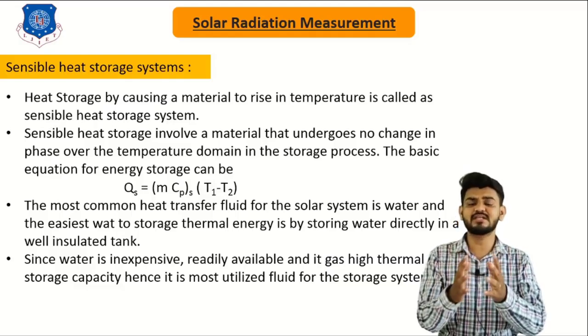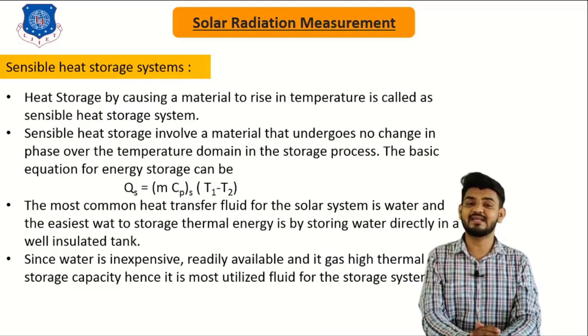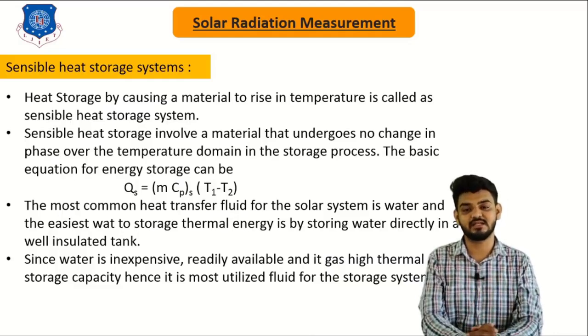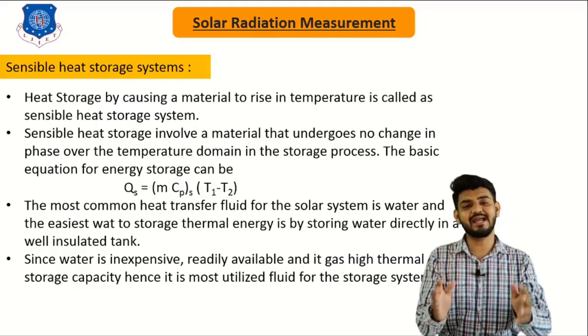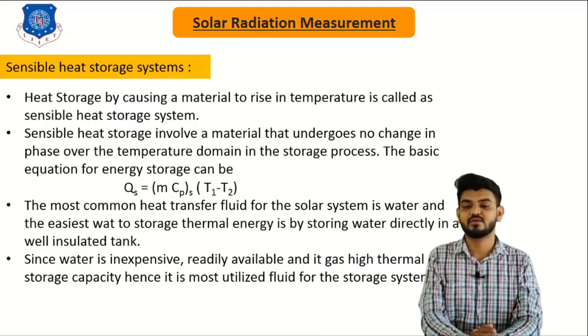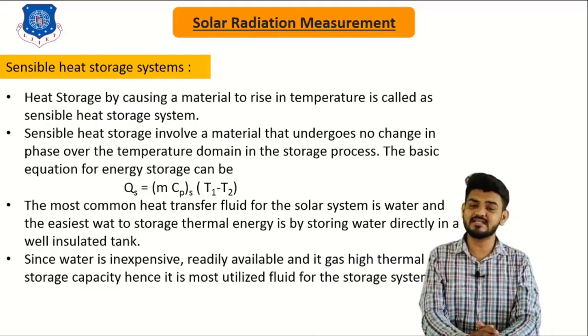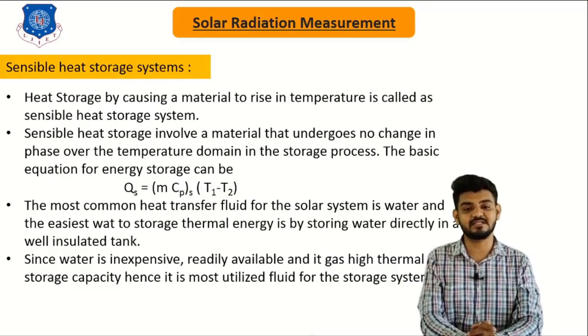So we store this heat inside the material by increasing the temperature of the material. Sensible heat storage involves a material that undergoes no change in phase over the entire temperature range involved. So such kind of storage devices do not involve any phase change.